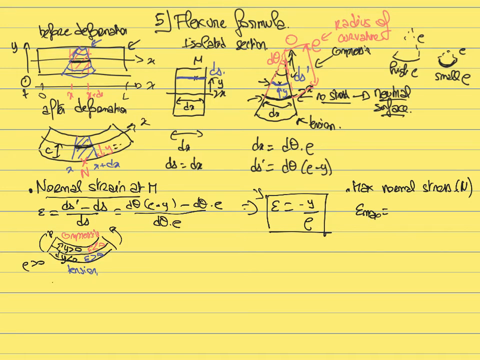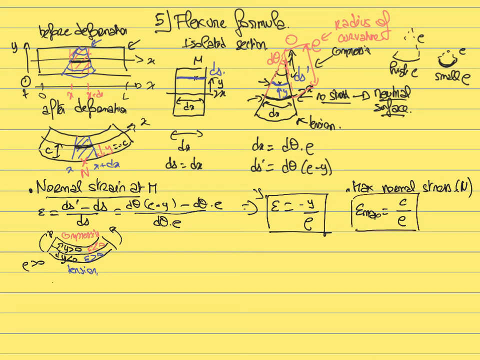In this case, y becomes equal to minus c, where c is the maximum distance of a point of the beam from the x-axis. Then if y becomes minus c, the maximum strain becomes simply c divided by rho, and that gives you the maximum normal strain.